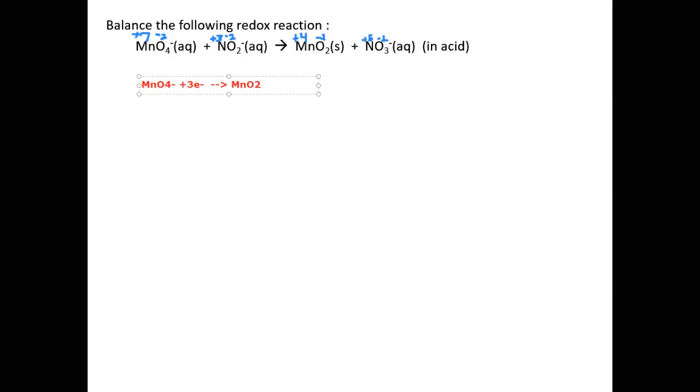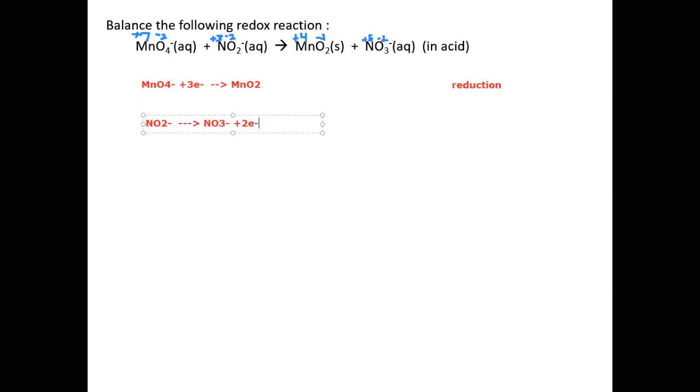And this is going to be the reduction. Okay. And then nitrite is oxidized. So NO2 minus yields NO3 minus plus 2 electrons.